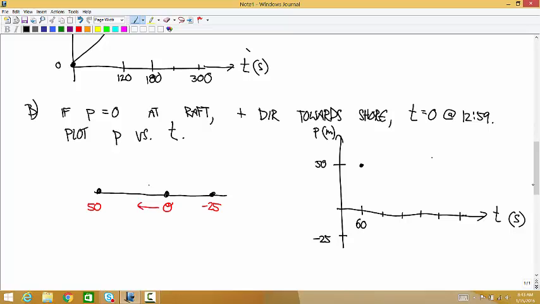So then it's 2 minutes until the swimmer reaches the raft, and then 1 more minute till the swimmer reaches the buoy, and then he gets tired, and it's 2 more minutes until he reaches the raft. So the graph looks something like that.